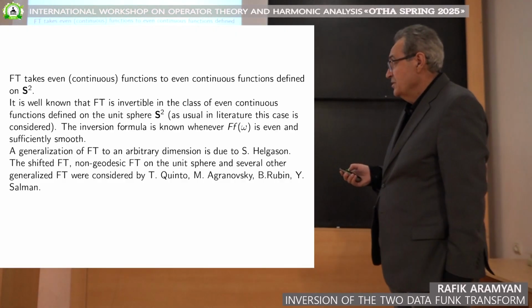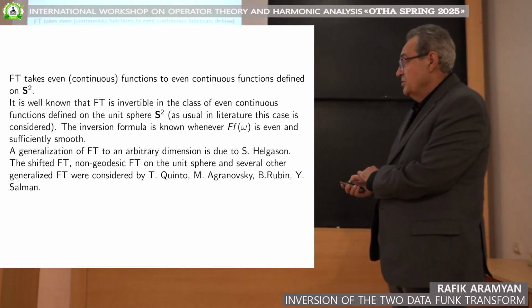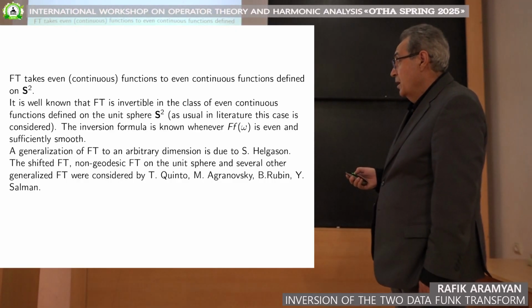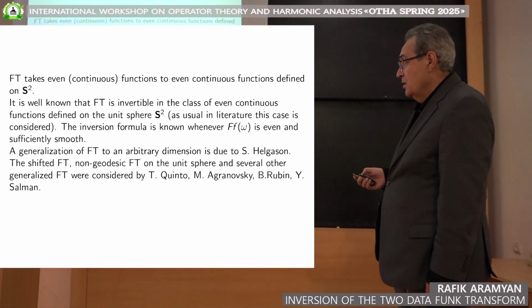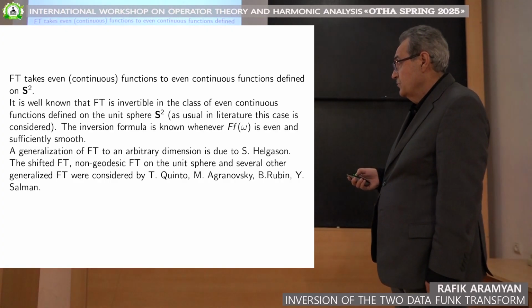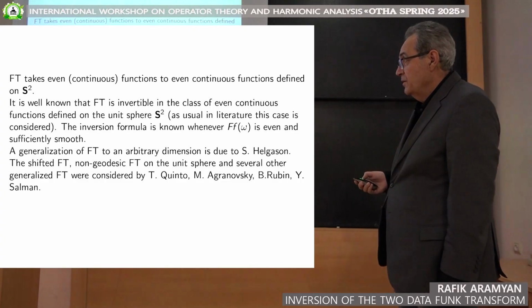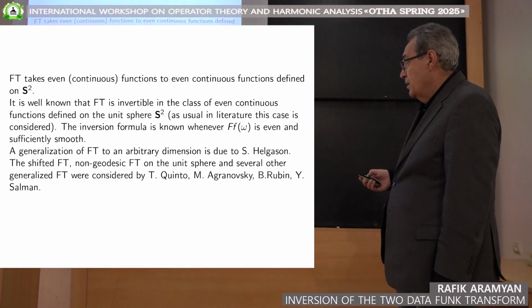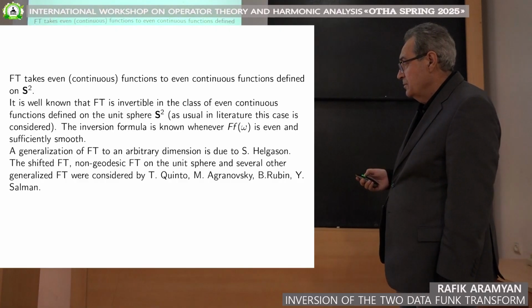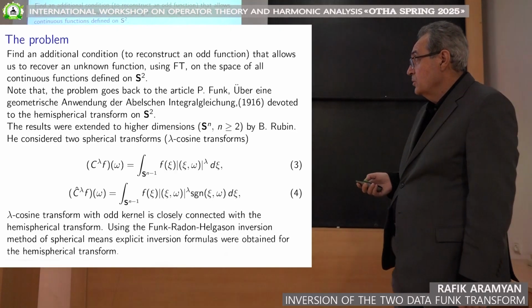So there are many generalizations of the Funk transform. A generalization to an arbitrary dimension is due to Sigurdur Helgason. The shifted Funk transform, non-geodesic Funk transform, and several other generalizations were considered by Quinto, Mark Agranovsky, Boris Rubin, Salman, and many others.